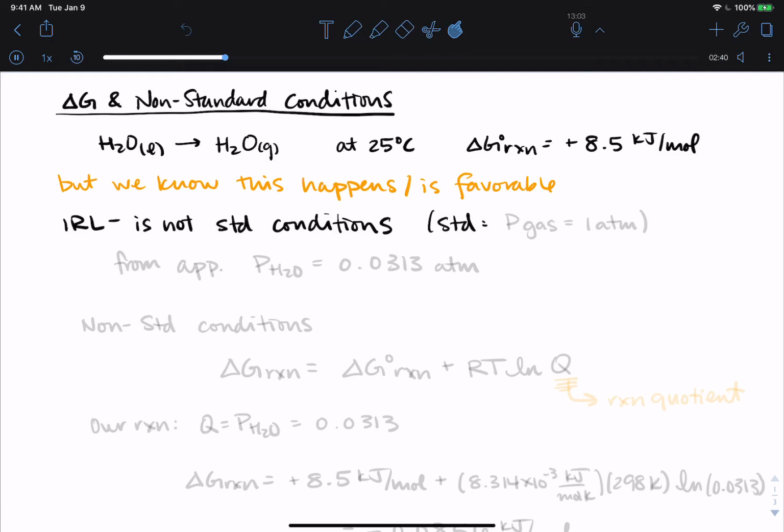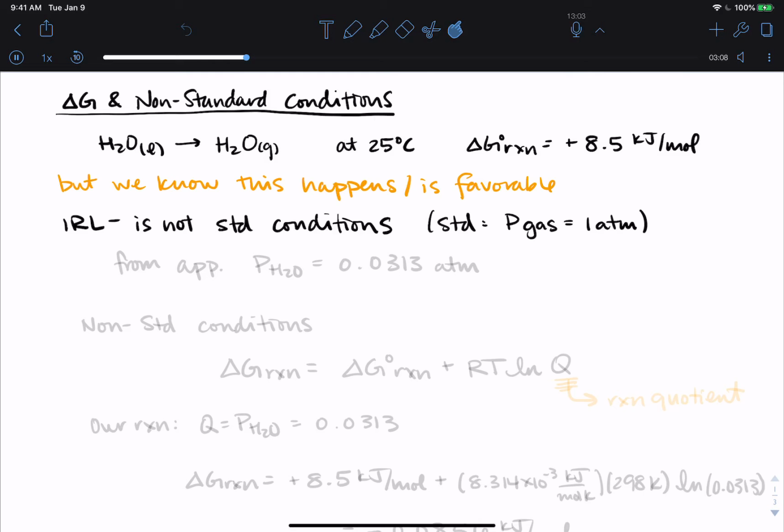But the pressure of any gas has to be 1 atmosphere for it to be standard conditions. The pressure of water vapor is definitely not 1 atmosphere. We would all have a very hard time breathing if the pressure of water in the air was 1 atmosphere, right? It's actually a lot lower than that.